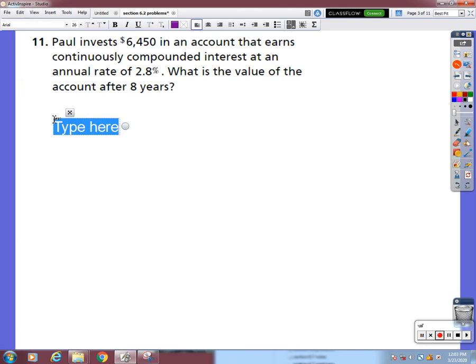He's starting out with $6,450. It's continuously compounded interest, so we want to use e for that. And we're going to raise that to the 2.8% as a decimal, which is 0.028 times 8 years that it's invested, so we'll change this to 8.